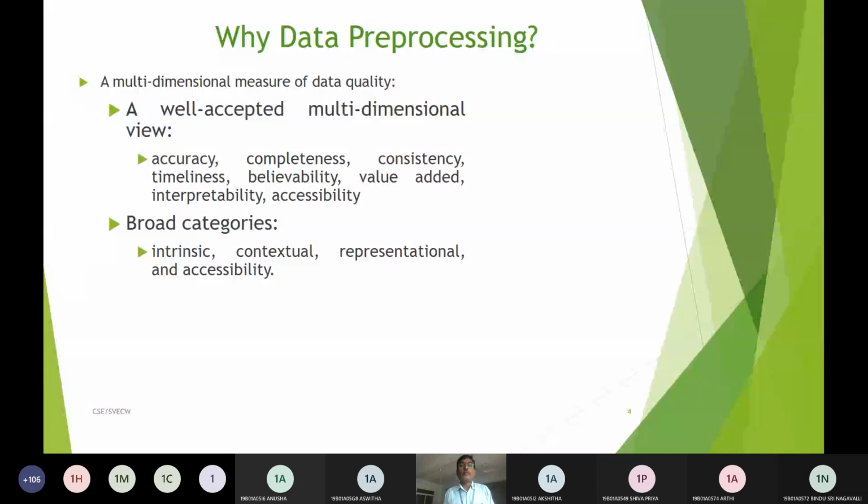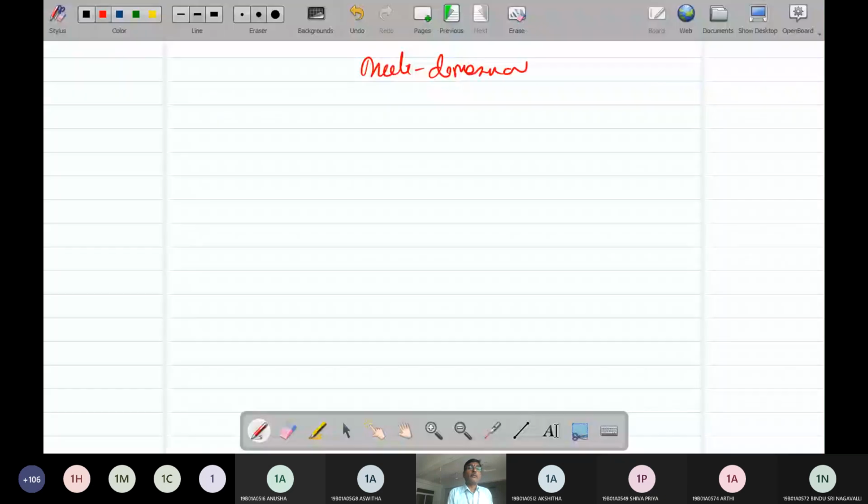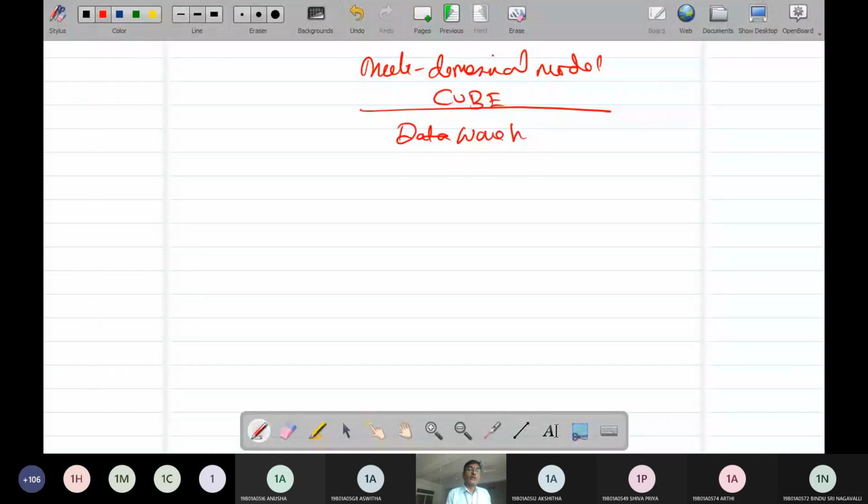So if I talk about normal database management, a normal relational database management system, SQL or MySQL, all of these are going to have two-dimensional data. They will be showing only two-dimensional data, represented in rows and columns.